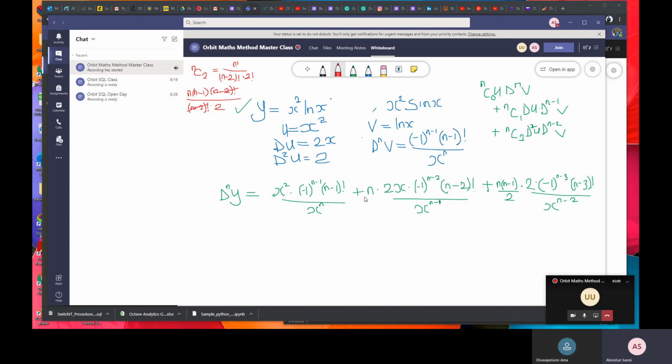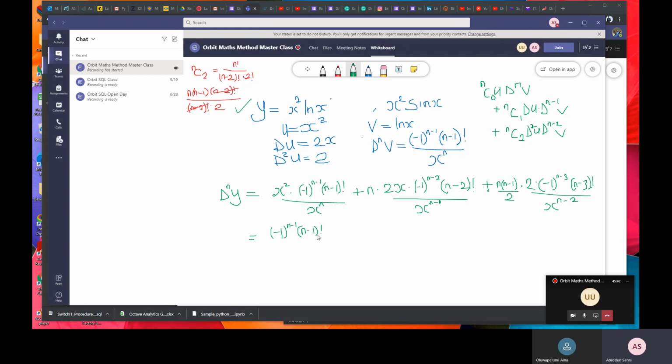Okay. So what is left now is to try and factorize this guy. So I'll make it simple. I know this is going to take a lot of our time, but then. So first of all, let me make this as simple as possible. Now, I write minus 1 to the power n minus 1 times n minus 1 factorial.